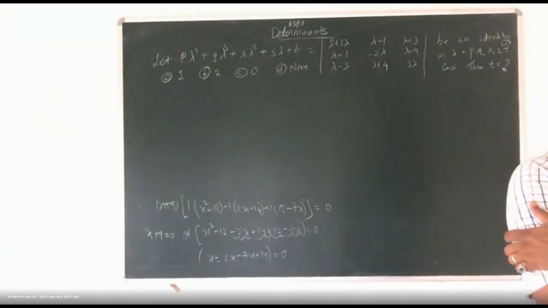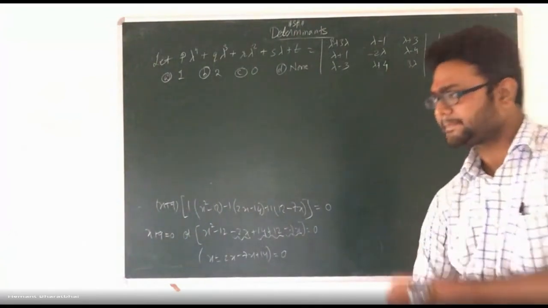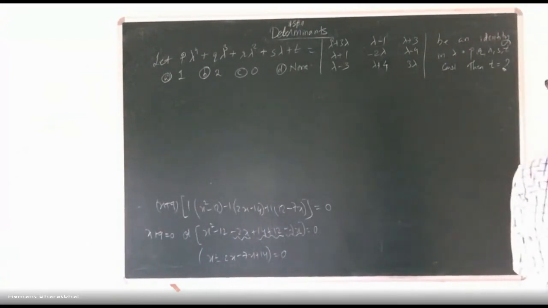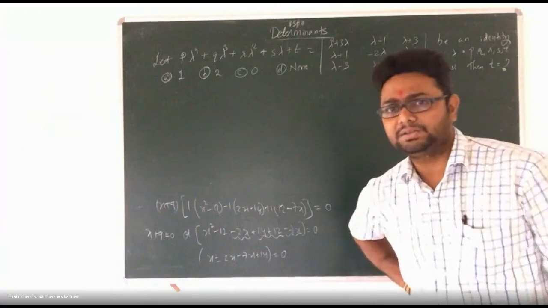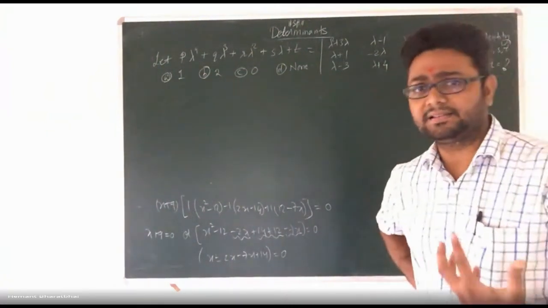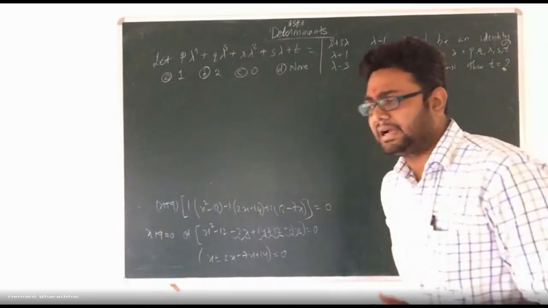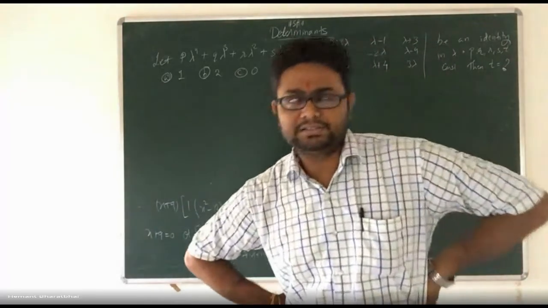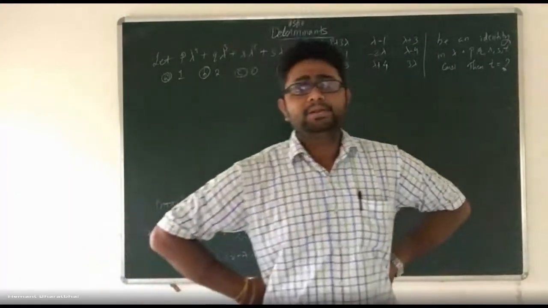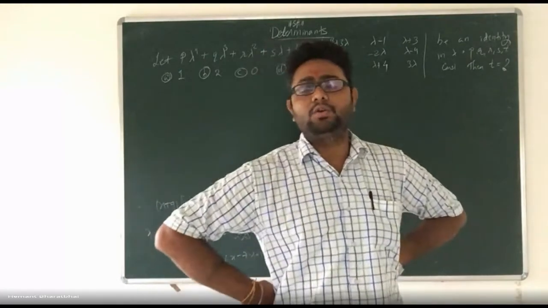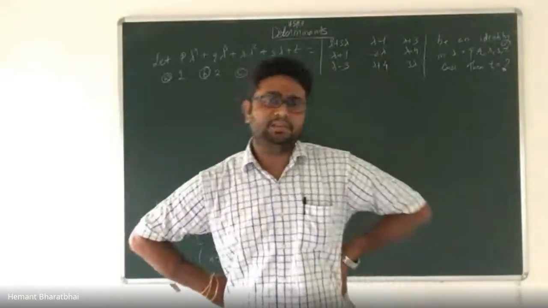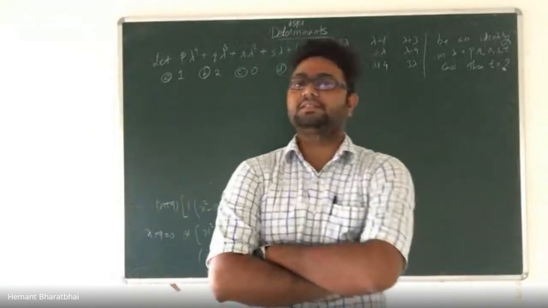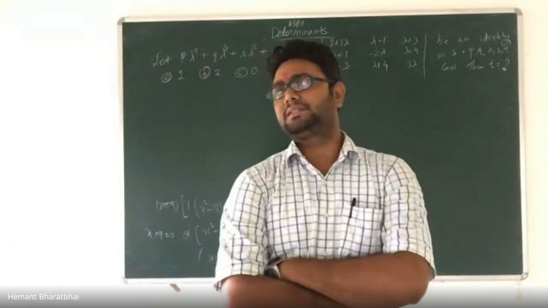So do you know what is an identity? What is the difference between an identity and an equation? An equation will only have certain values which satisfy it. But when I say it is an identity, each and every value will satisfy that equation. For example, sin square x plus cos square x is equal to 1. You take any value of x within the given domain, and all of them will satisfy it.